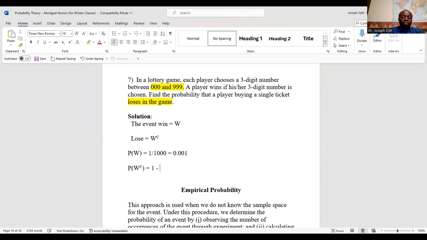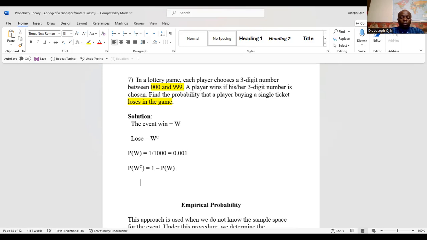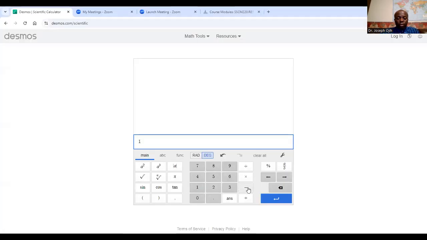That equals 1 minus 0.001, which is 0.999.